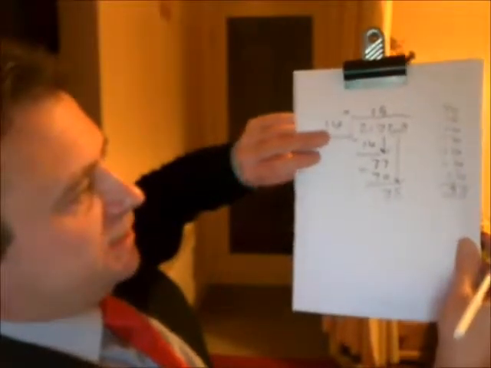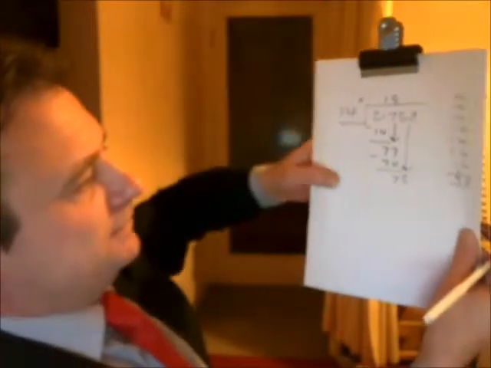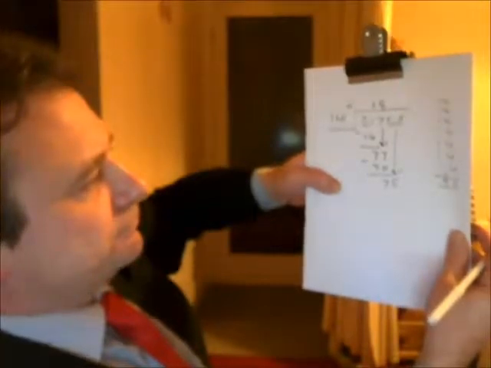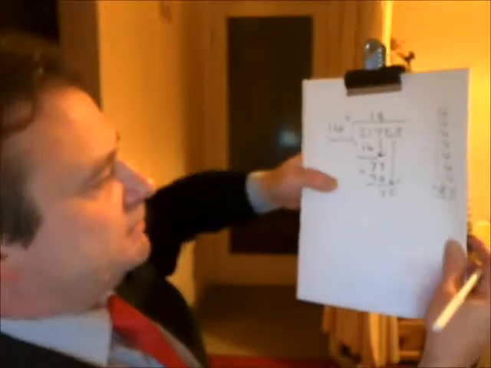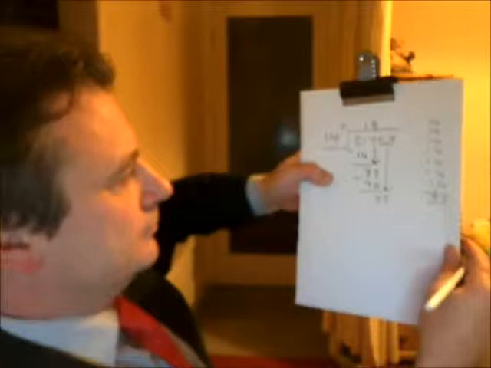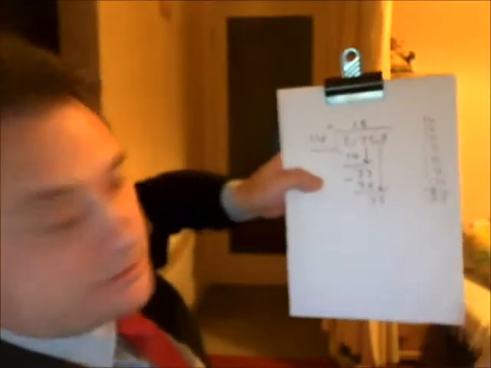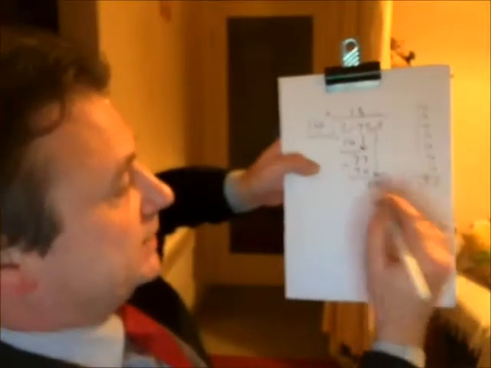14 into 75. And we may have done that wrong, in fact. No, we have done it right. 14 into 75. Now we're asking before how many times it went into 70.